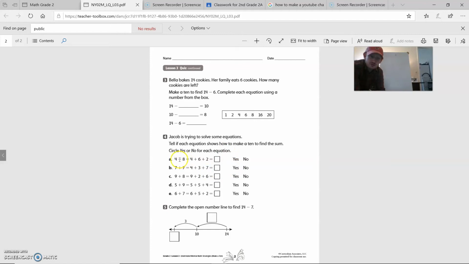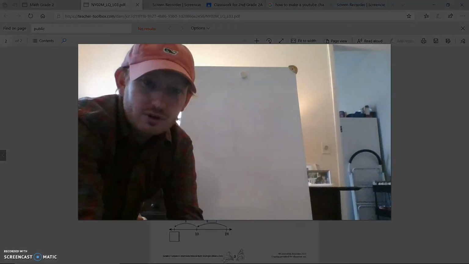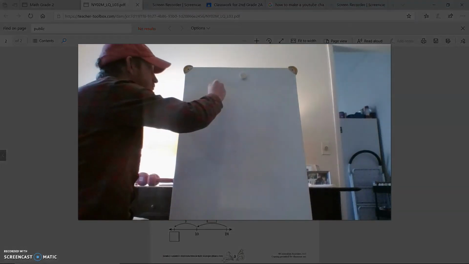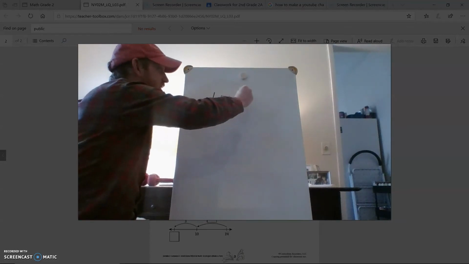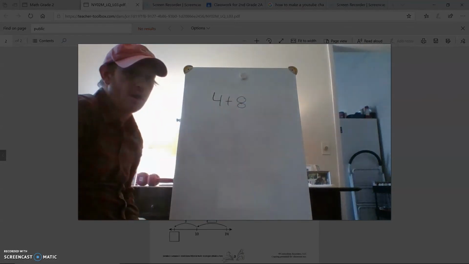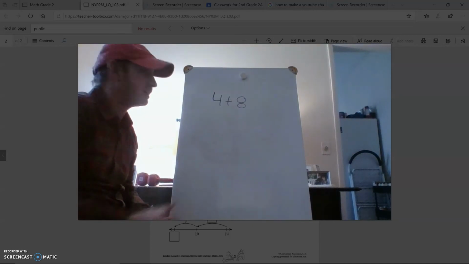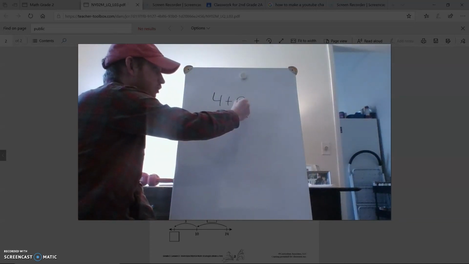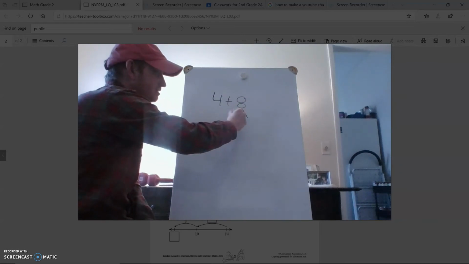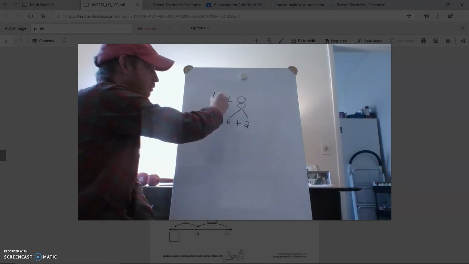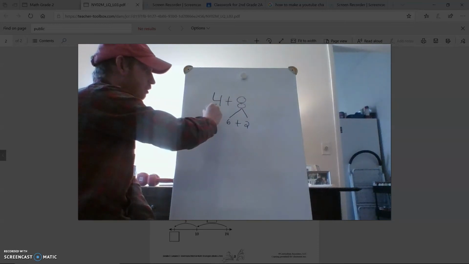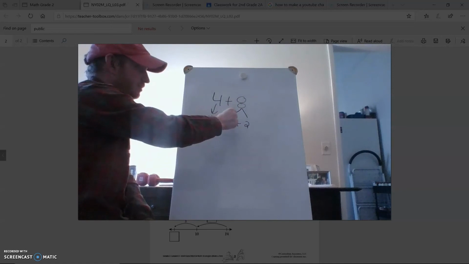So the first one is 4 plus 8. There's actually a few ways that we can make a 10, but one of those ways is to turn 4 plus 8 into 6 plus 2. We bring down our 4. 4 plus 6 plus 2 is the same thing.